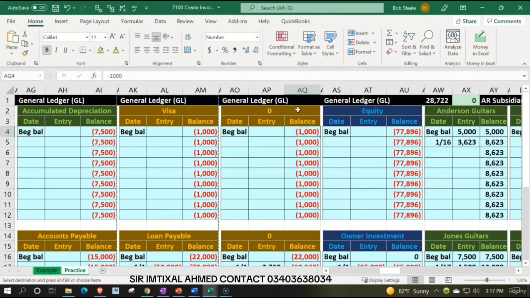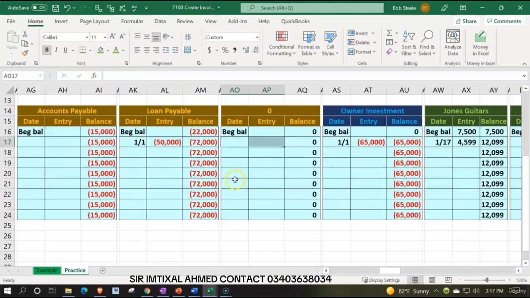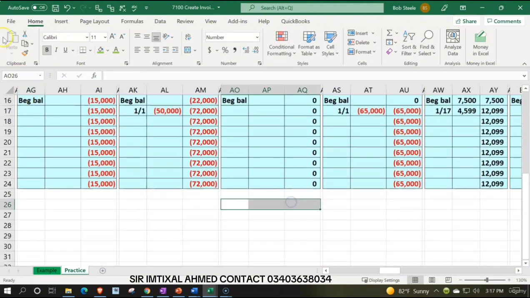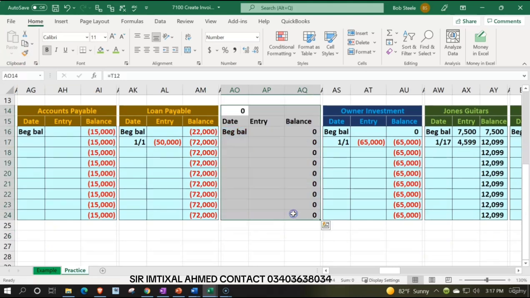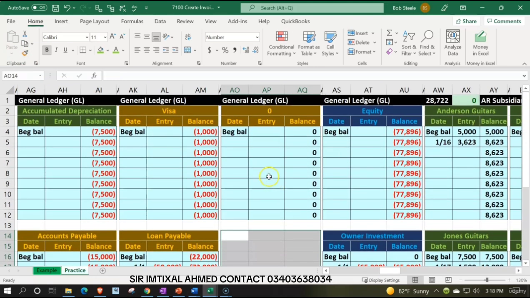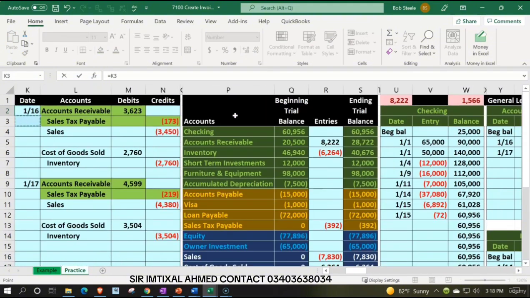And I don't want any beginning balances, 0 and 0 down here, and delete the transaction. And I don't think I need the second one at all, so I'm going to format paint it, and just delete the whole thing. It's just a gap, like a gap in someone's teeth. We're going to say this equals left, and this one was the sales tax payable.